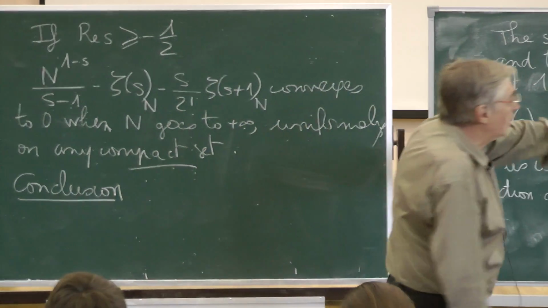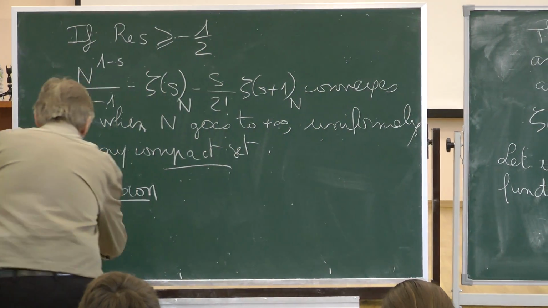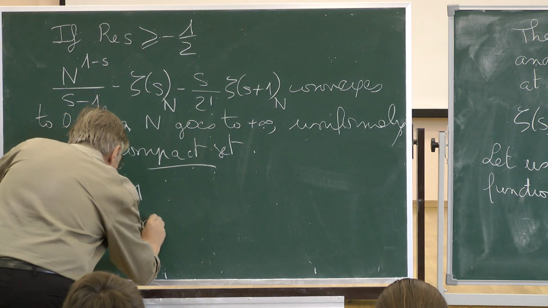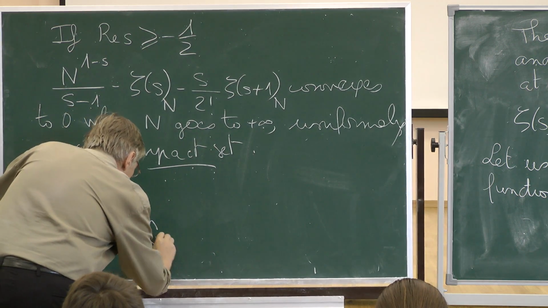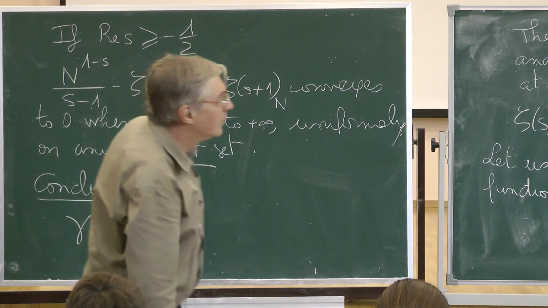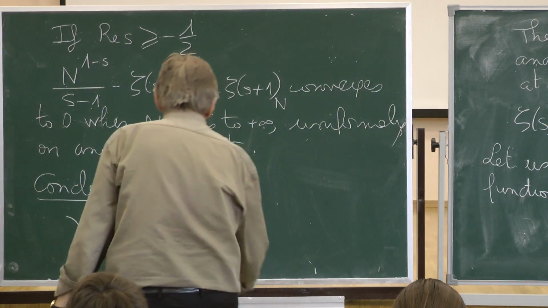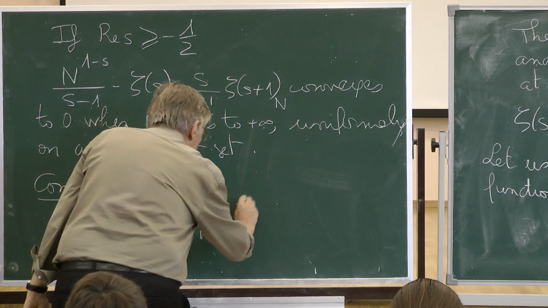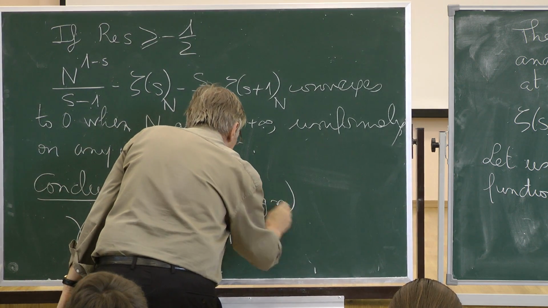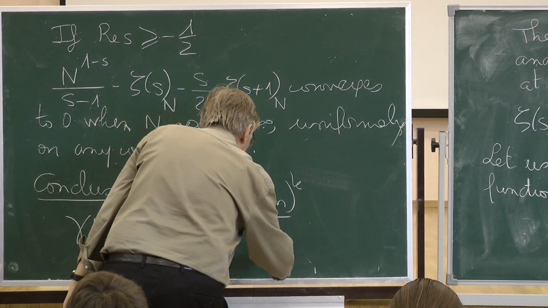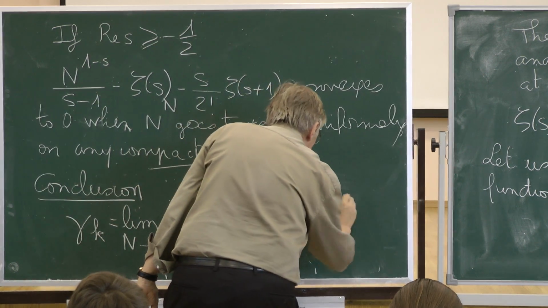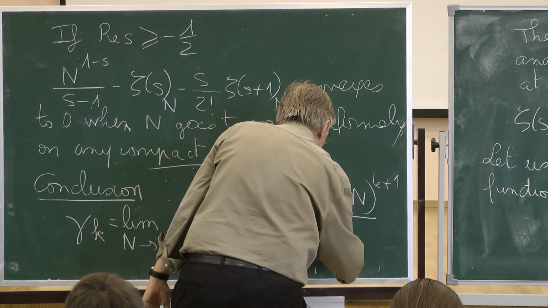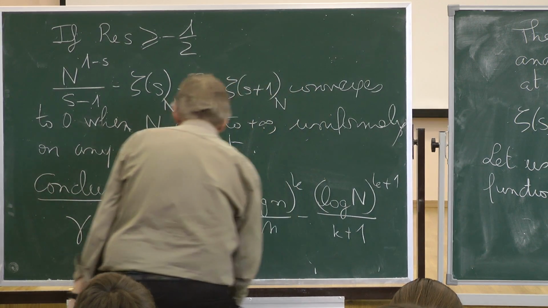This term is going to 0, and therefore gamma k is the limit when capital N goes to plus infinity of the sum for n going from 1 to capital N of log n to the power k divided by n, minus log of capital N to the power k plus 1 divided by k plus 1.